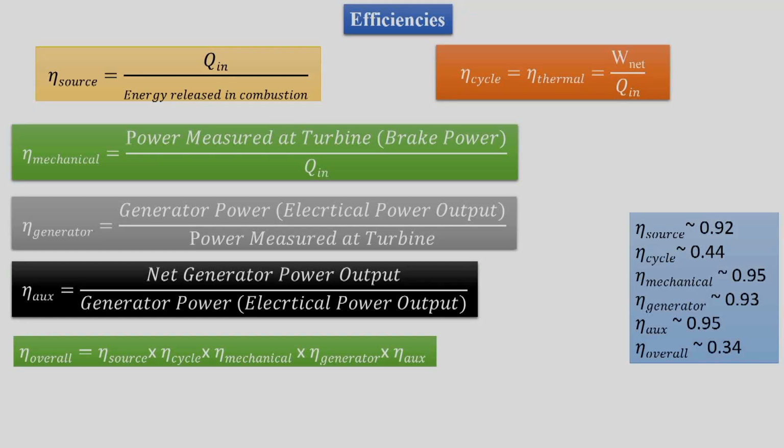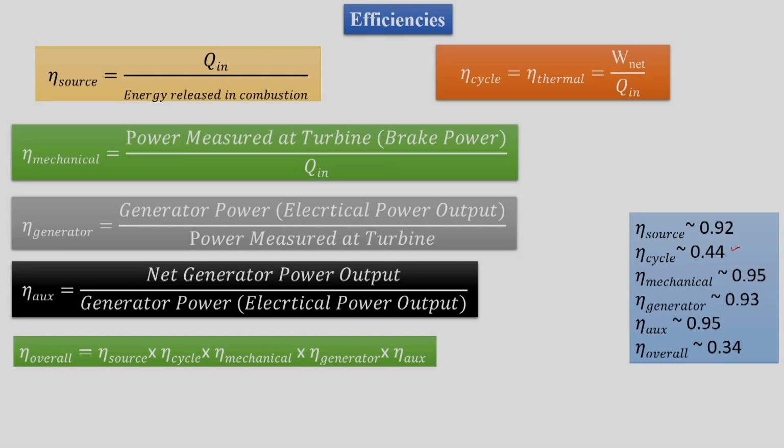These efficiencies have their ranges, which are 0.92 for source efficiency, 92%, cycle efficiency is in general around 40%, we have mechanical efficiency around 95%, generator efficiency again around 93%, auxiliary efficiency around 95%. So overall efficiency for a steam power plant turns out to be 34%.